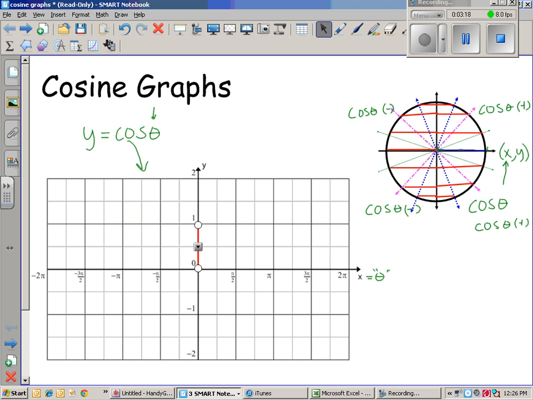Nice. Now I want to take this next line, which remember is at 30 degrees, or pi over 6. At pi over 6, I want to take this and swing it around and bring it over here. I'm estimating pi over 6 as less than pi over 4. Correct?